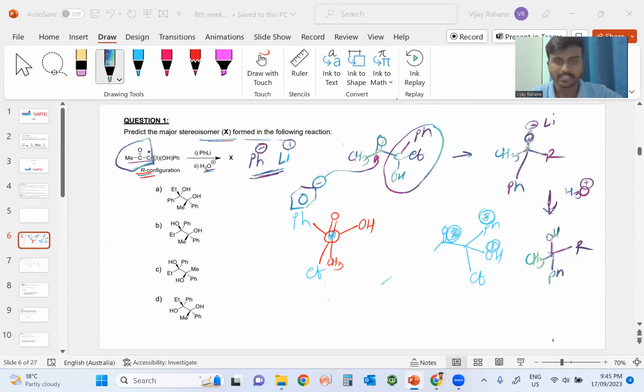See how this structure will be. This is the front carbon, right? And this hydroxy in the plane. And let's say this ethyl. Now I will show directly the exact structure. This ethyl above the plane. This phenyl will be below the plane. Now you check. Now you can get a better idea of how I have given the numbering.